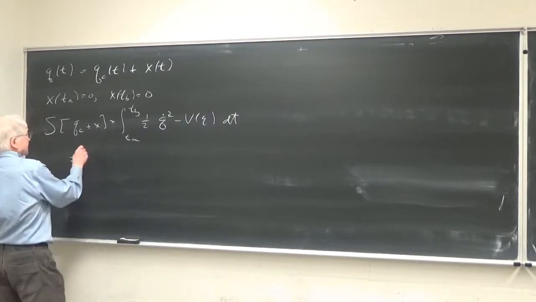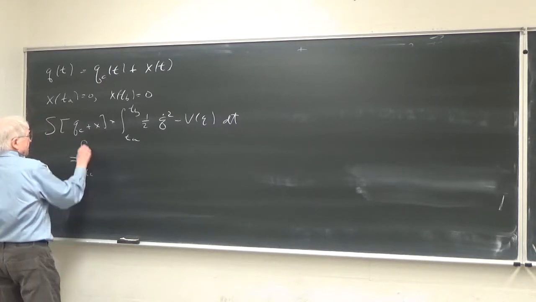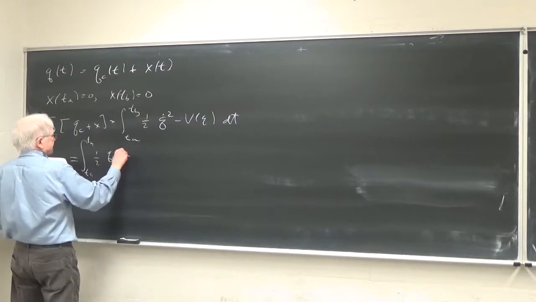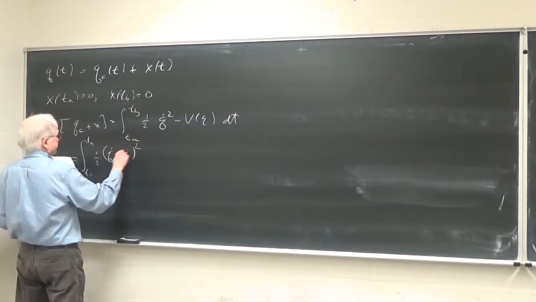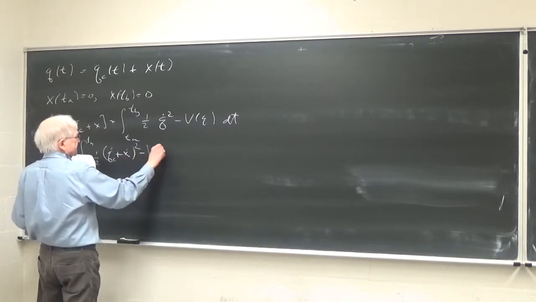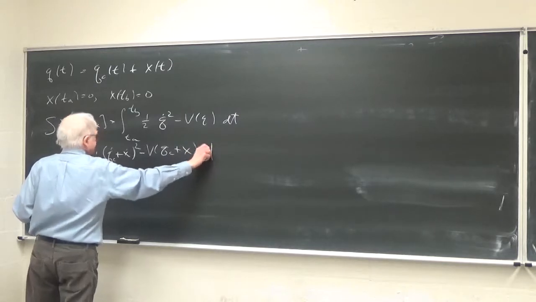and of course the expansion is the integral from t_a to t_b of a half m (q_c dot plus x dot) squared minus V of (q classical plus x) dt.